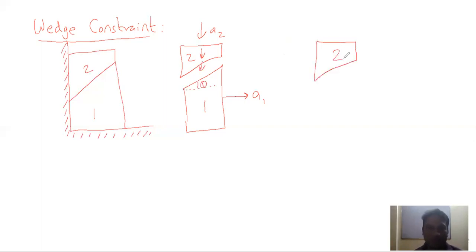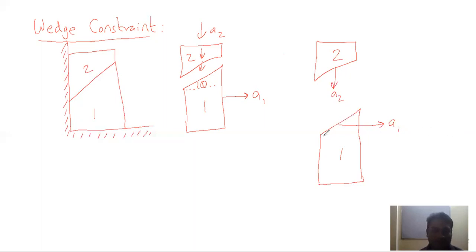This is block number 2, and let me draw block number 1 at a slight greater distance. Actually, they are in contact with each other, but just to make you understand, I am showing them far apart. This is block 1 and this is block 2. This has acceleration A2, and this has acceleration A1. As block 2 slides down, block 1 slides in the rightward direction.